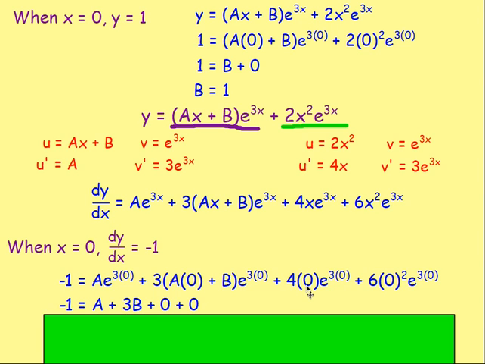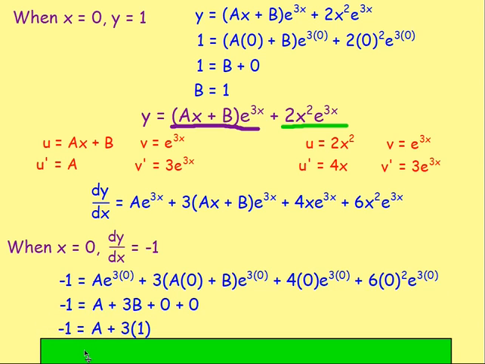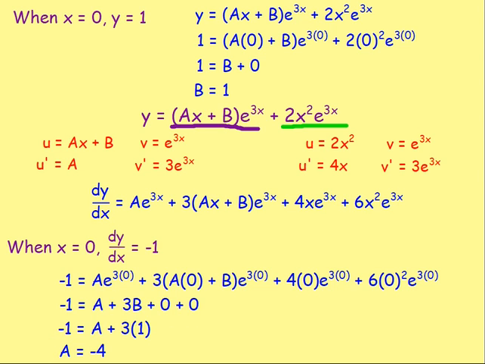Because you're times that by 0, it goes to 0. And because you're times this by 0 squared, in other words 0, that also goes to 0. So you get down to a plus 3b equals negative 1. But because you know b is 1, you can sub that in, meaning you can easily find that value of a. From there then, you know you can get the particular solution.